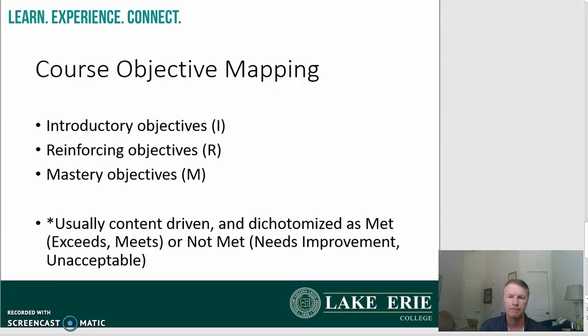Course objective mapping is something that accreditation loves to see at the introductory, reinforcing, or mastery levels. And we'll talk about how that can be applied to a rubric. And again, typically this is a written assignment, not a discussion assignment, but it can be applied to any rubric that we create for any assignment that we feel is reflective of a course objective.